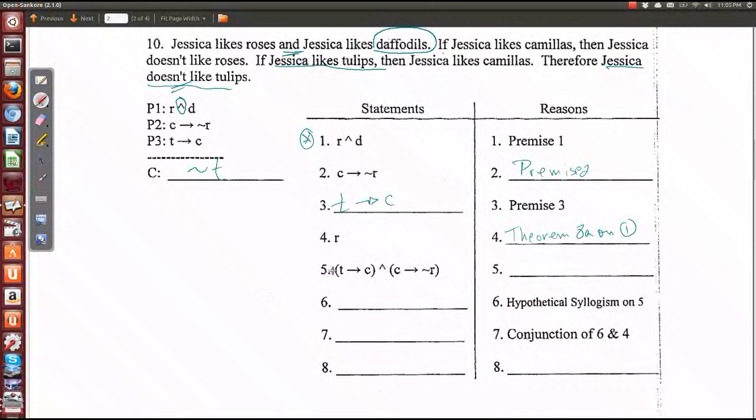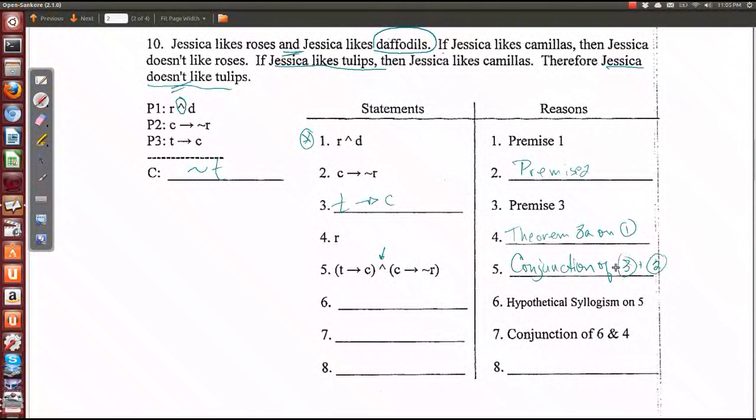What I do notice is on step 5, we're putting 2 statements together using a conjunction. That's the second step in the 2-column proof. So this is the conjunction of step 3 and step 2.